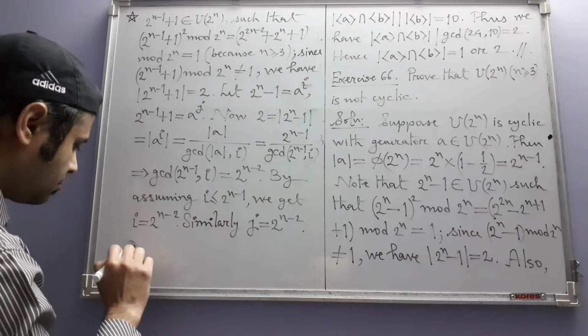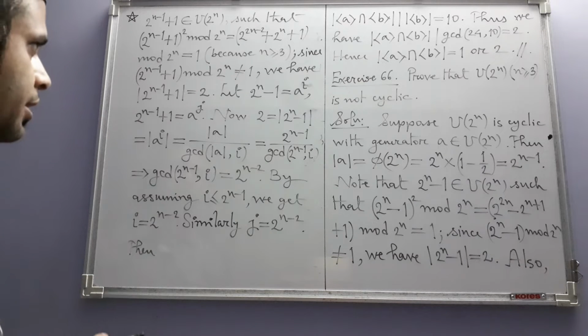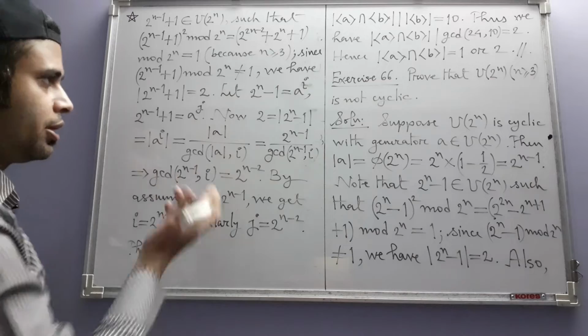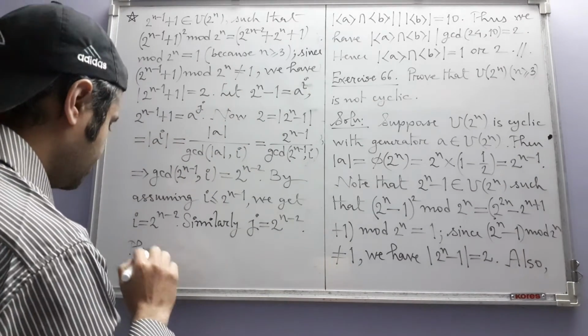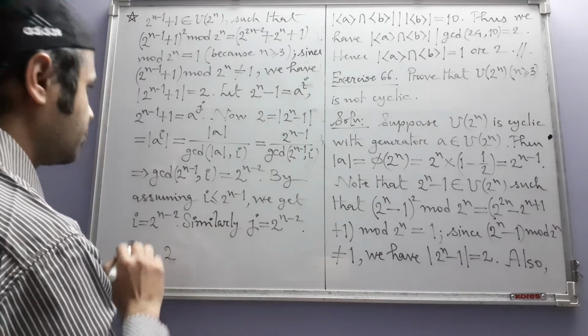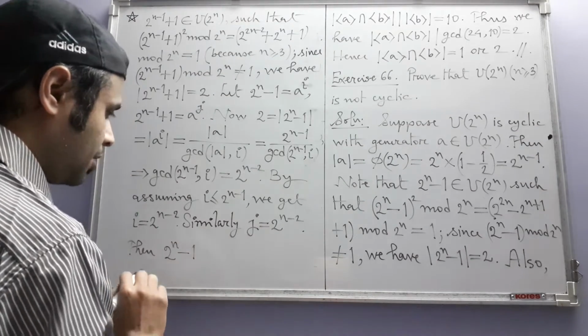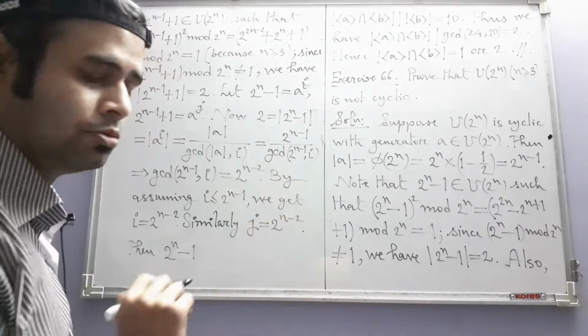Then what do we get? If i and j are actually equal, then these two elements are actually equal. So that means these two things are equal. Then 2 to the power n minus 1, but their equality should be interpreted in this group.